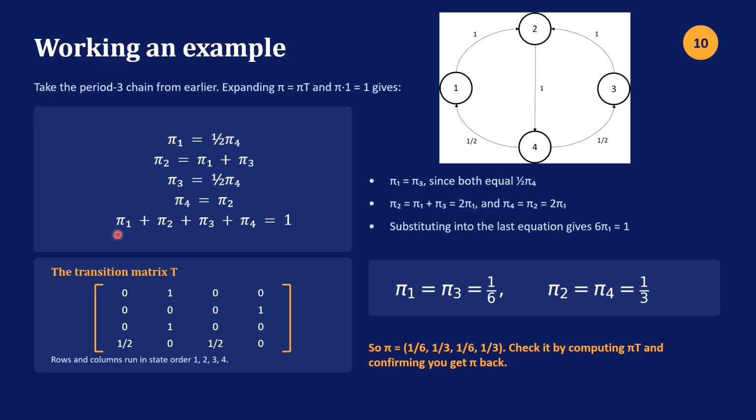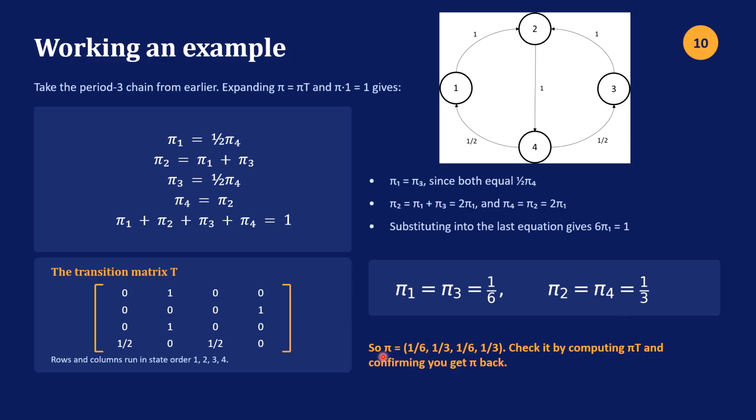So we have pi sub 1, then 2 times pi sub 1, and then pi sub 1 again, and then this is 2 times pi sub 1. So we get 6 pi sub 1 equals 1. We can solve for pi sub 1, and we get pi sub 1 equals pi sub 3 equals 1/6. And then the other two are just 2 times this. We get 1/3.